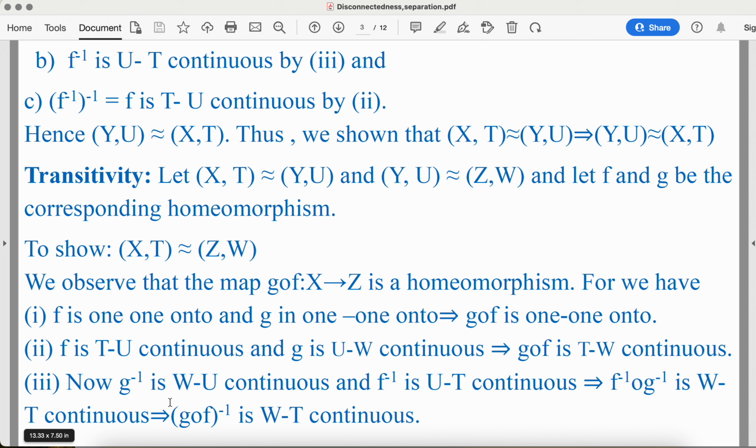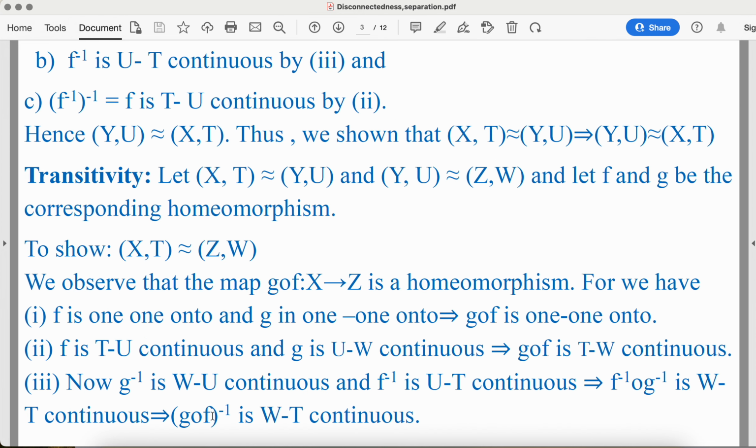Also, because g is a homeomorphism and f is a homeomorphism, therefore g inverse is W-U continuous and f inverse is U-T continuous. It means f inverse of g inverse is W-T continuous, and this implies (g∘f) inverse is W-T continuous because (g∘f) inverse is f inverse ∘ g inverse.